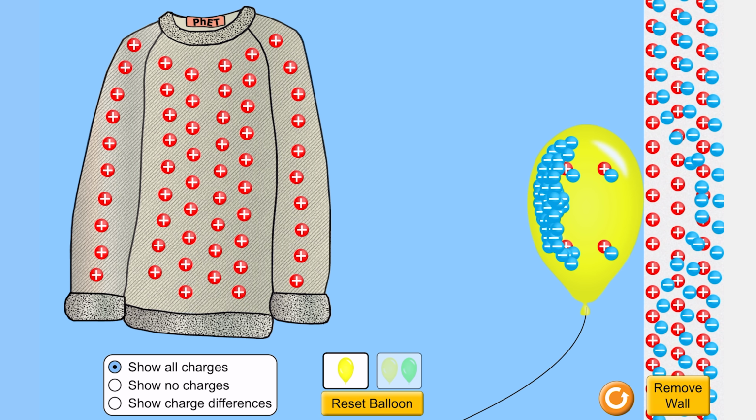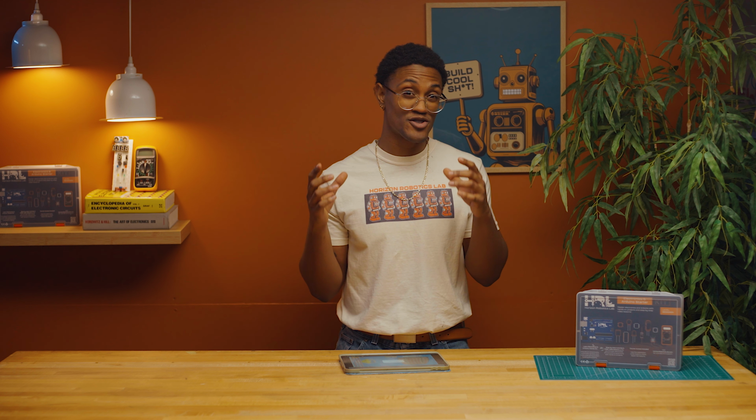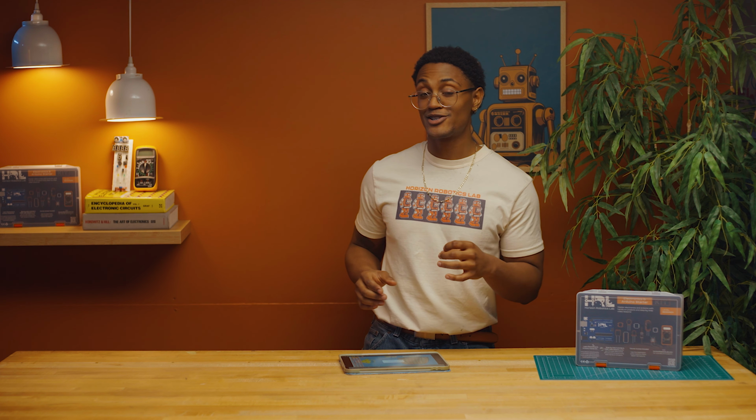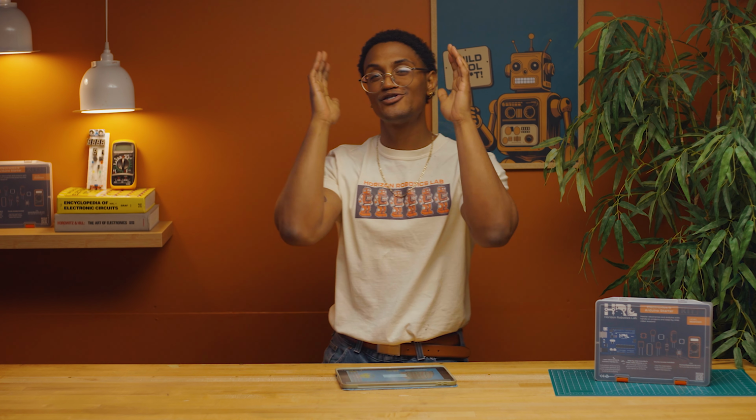The electrons on the wall are pushed away slightly, and that's because they're repelled by the electrons in the balloon. This leaves a small area of positive charge on the surface of the wall. And thanks to law number 2, opposites attract, we know that those two will stick together. Ding ding ding! We have now solved the mystery!